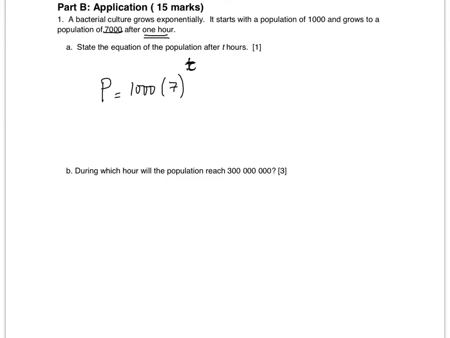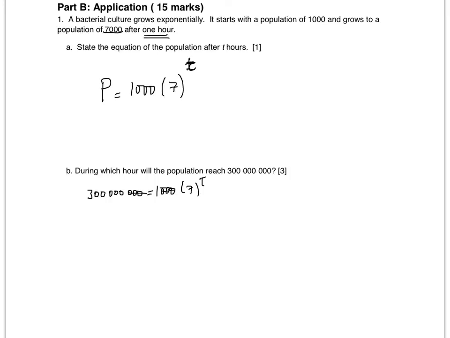During which hour will the population be 300 million? I'm just going to substitute 300 million in the equation, and then I'm going to try to solve it. Now the 3 zeros are going to cancel with 3 zeros.